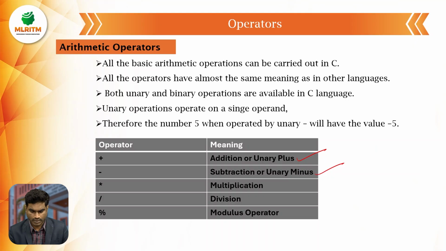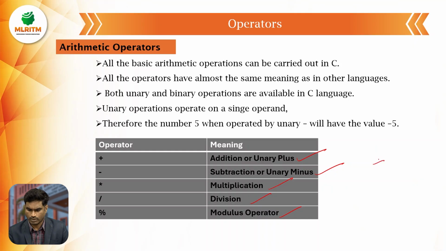Next are the multiplication, division, and modulus operators. Arithmetic operators can be both unary and binary operators. A unary operator performs the operation on a single operand. A binary operator performs the operation on both operands.